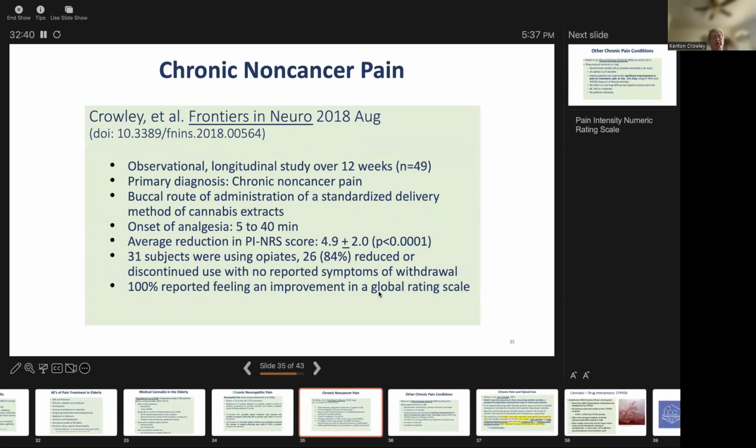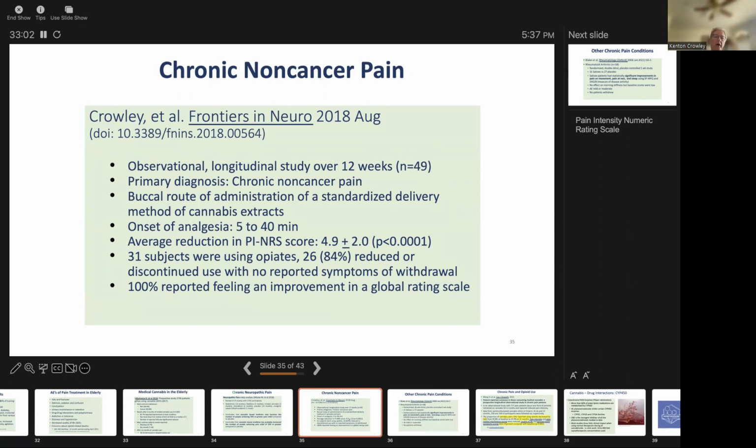In a study that we did out of our clinic, published in Frontiers in 2018, it was an observational longitudinal study over 12 weeks with 49 subjects with a primary diagnosis of chronic non-cancer pain.